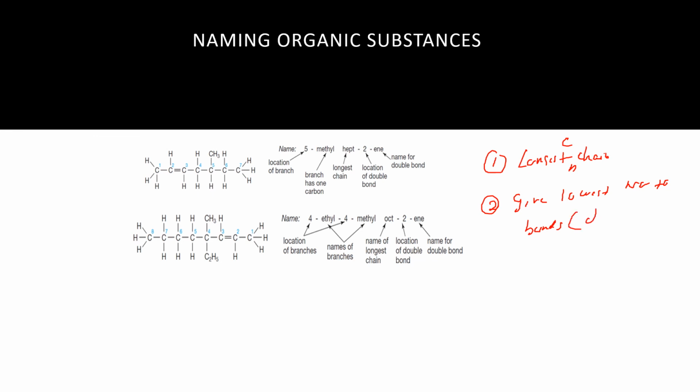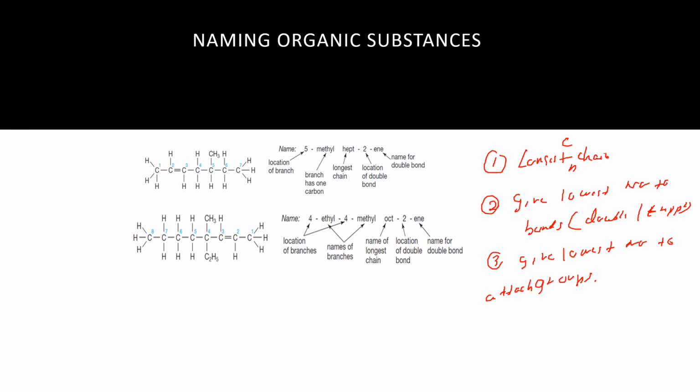Bonds can be double or triple. And give the lowest number to the attached groups. Okay, those are the three simple things you have to know.